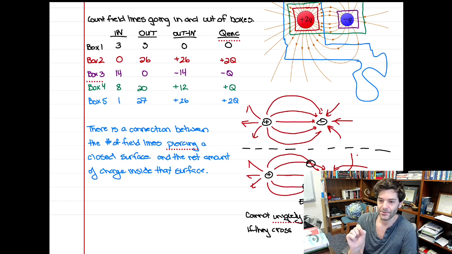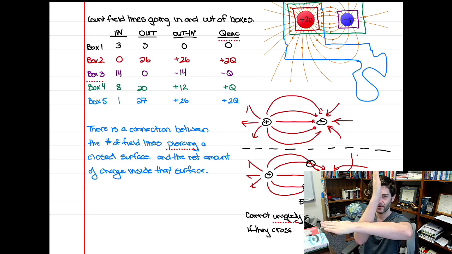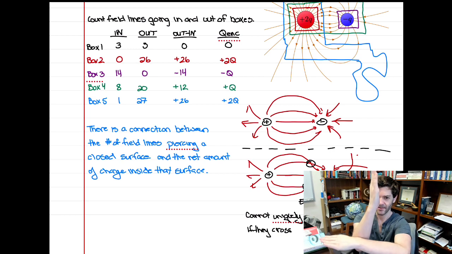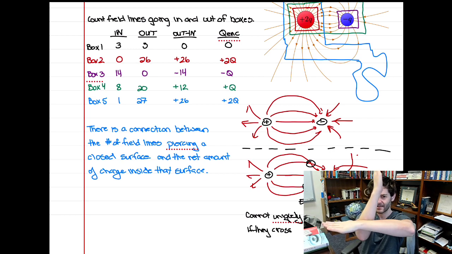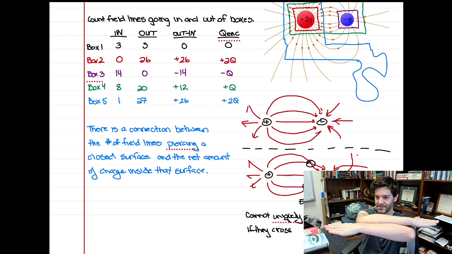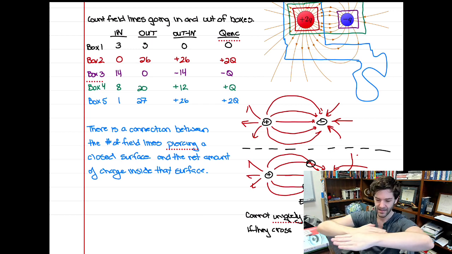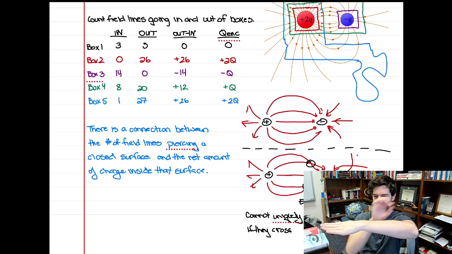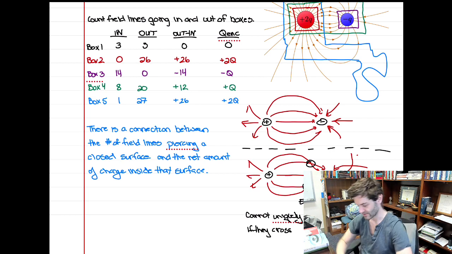I also have to take into account how much the field line is passing through the surface perpendicular versus parallel. If I want to talk about piercing through, this is an example of piercing through a surface, whereas something that's just skidding the surface, tangent to the surface, is not piercing through. And then something at an angle has a component going through the surface, and a component going tangent to the surface.